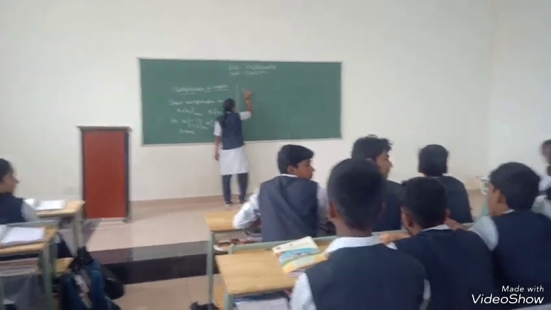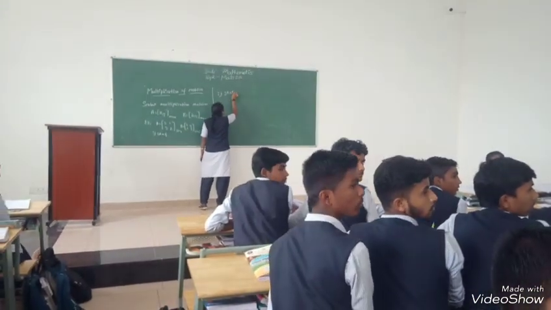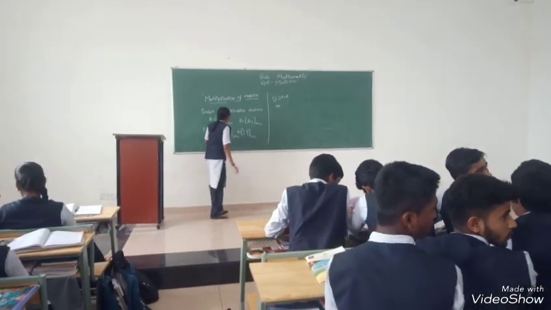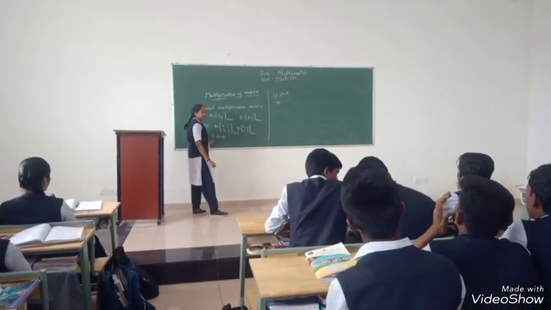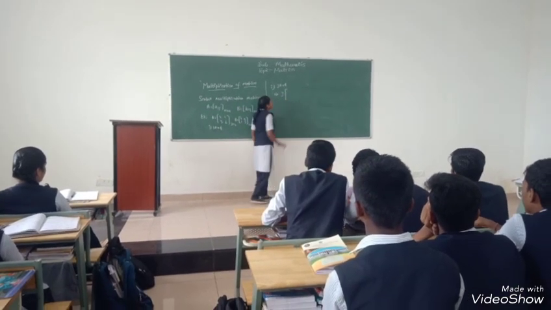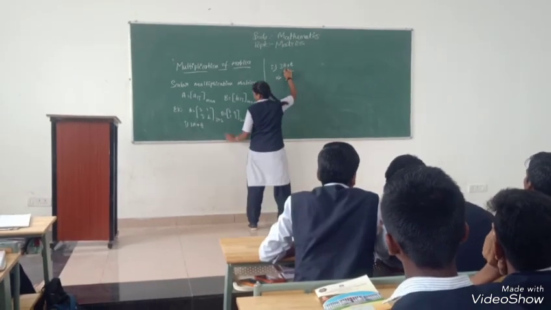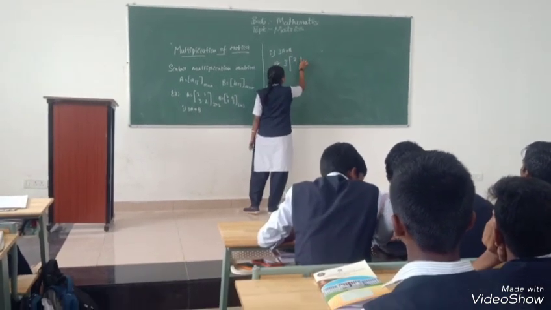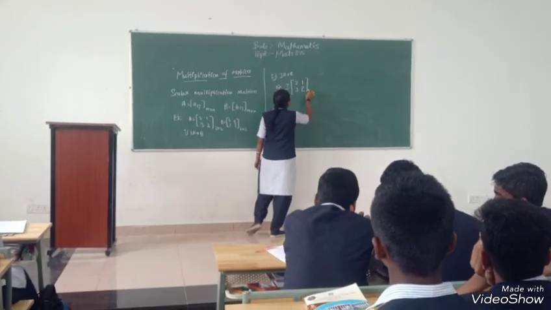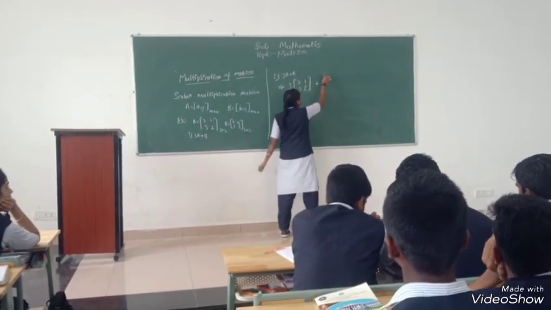According to the definition, the scalar entity is multiplied with the A matrix and added with the B matrix.